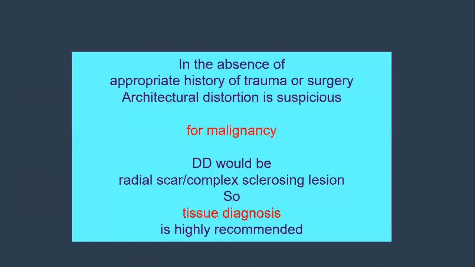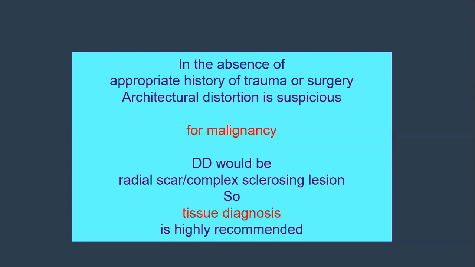So in the absence of appropriate history of trauma or surgery, architectural distortion is suspicious for malignancy, and the differential diagnosis will be radial scar, complex sclerosing lesion. So we have to take tissue for diagnosis. Tissue diagnosis is highly recommended.